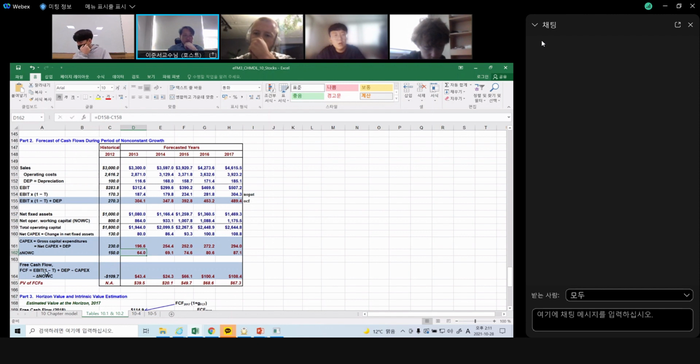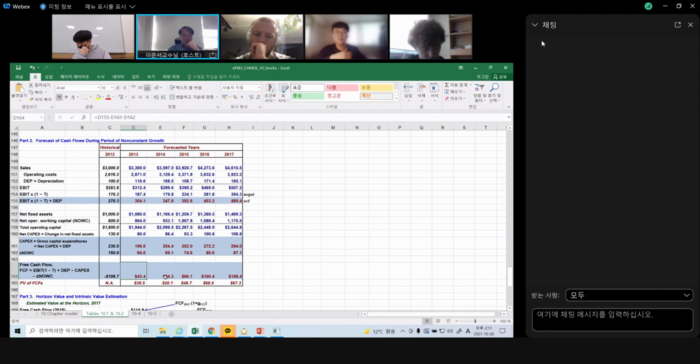So the free cash flow can be calculated by the operating cash flow of 304.1 minus capex, capital expenditure. Capex stands for capital expenditure, and delta net operating capital is gonna be $43.4.